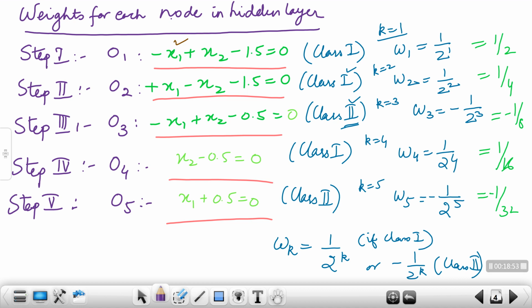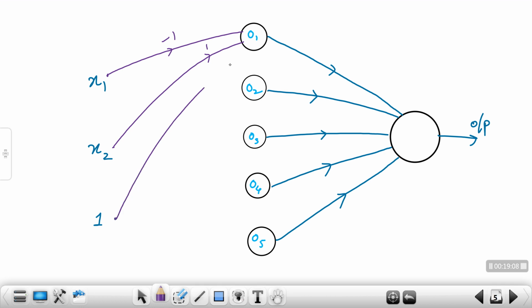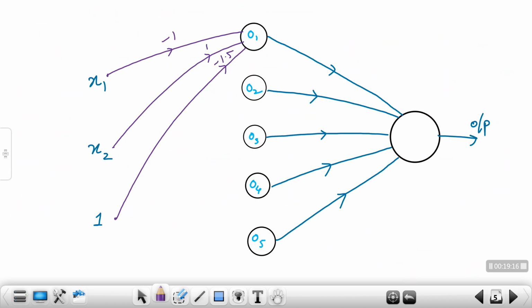The first equation for O1 is minus x1 plus x2 minus 1.5. So I write minus x1 plus x2 minus 1.5. So the first node is connected. Second is plus x1 minus x2 minus 1.5.